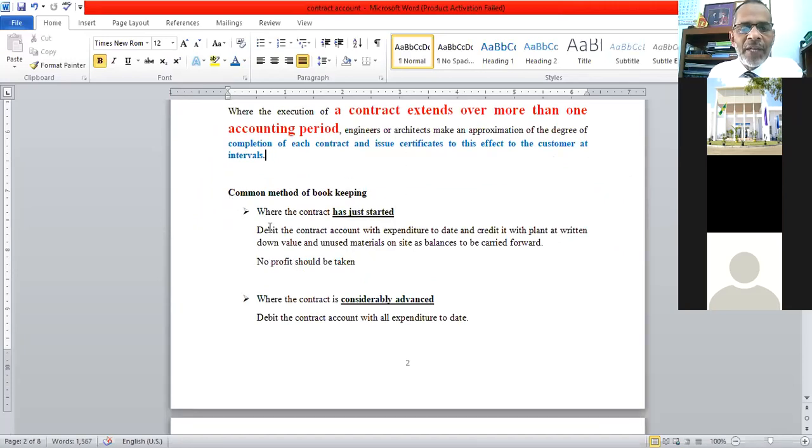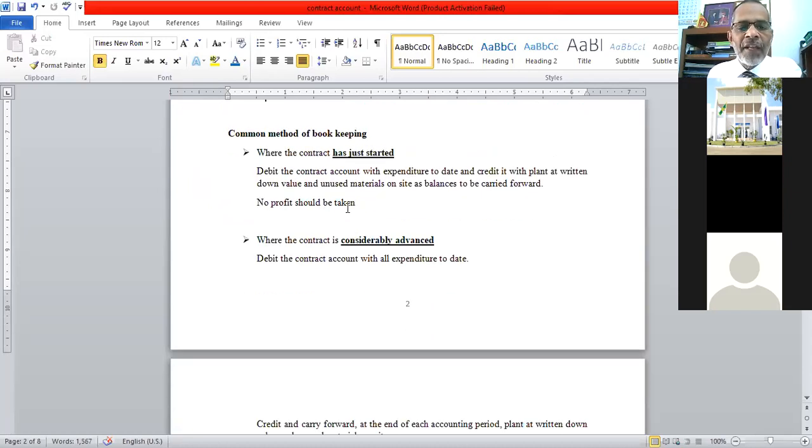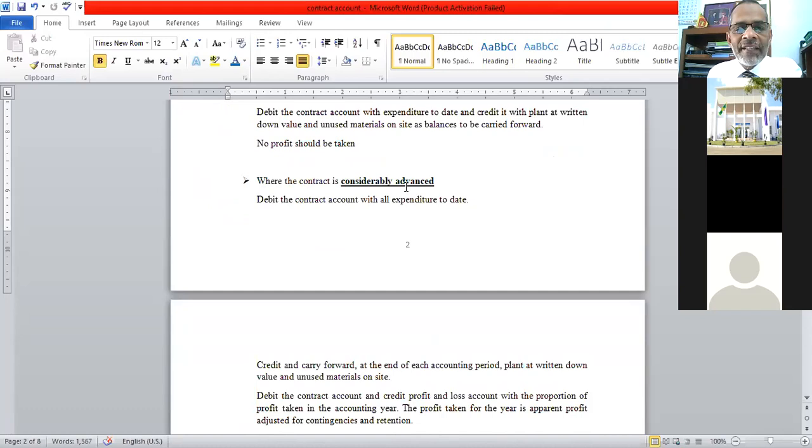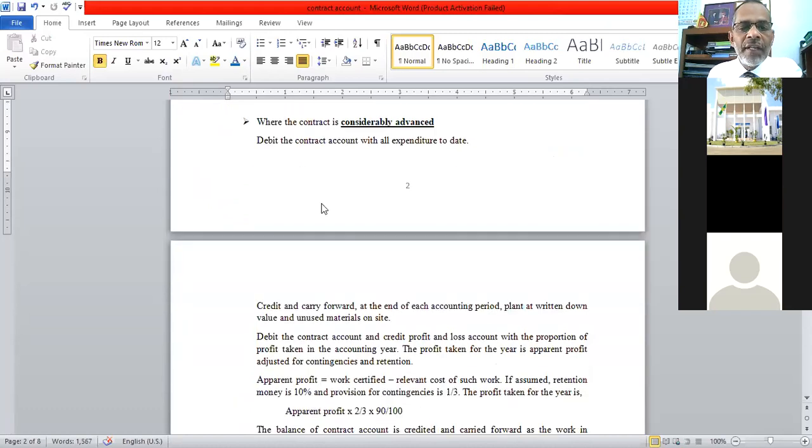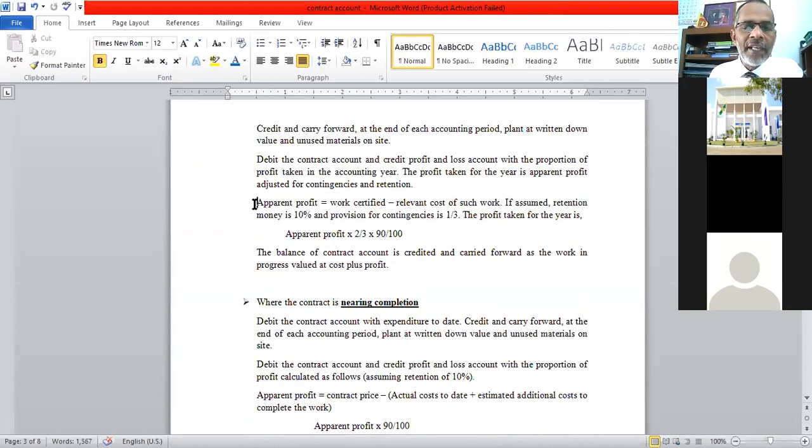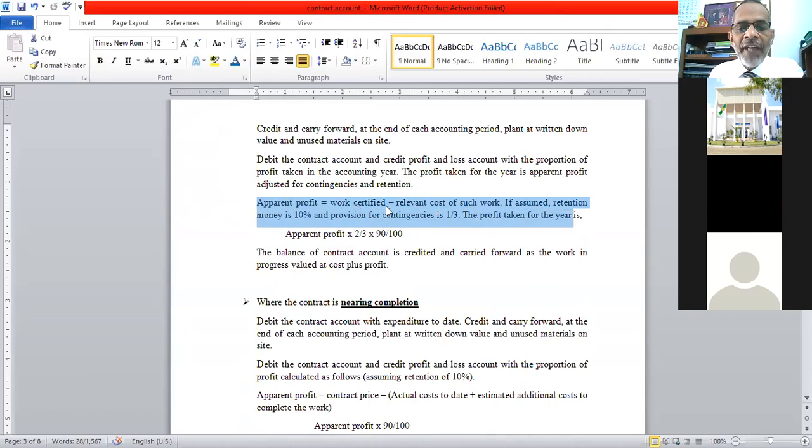This is the method I have explained to you. If the contract has just started, no profit calculation is done; where the contract is considerably advanced, we have to calculate it. Now look at my explanation here. Where the apparent profit is there, work certified by the relevant cost of such work, assume the retention is 10% and provision for a contingency is 1 upon the profit taken for apparent profit.